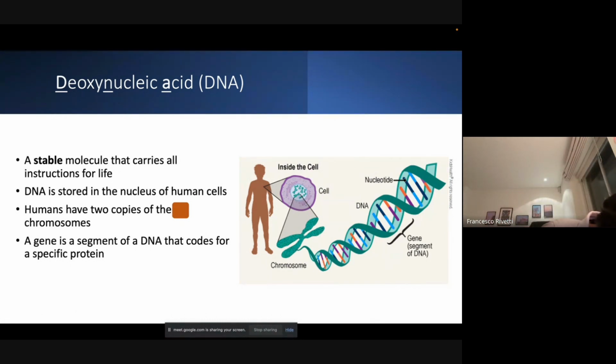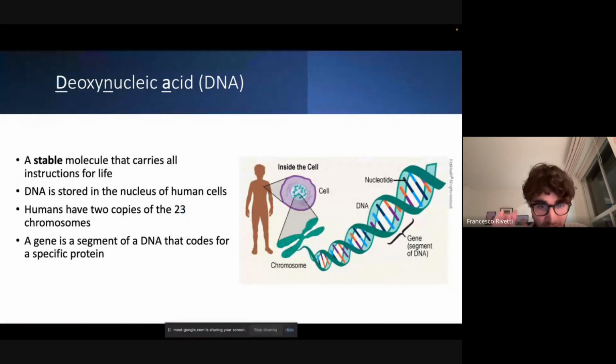A very important understanding is that all humans have two copies of every single chromosome. Does anybody know how many chromosomes we have, humans? 23.